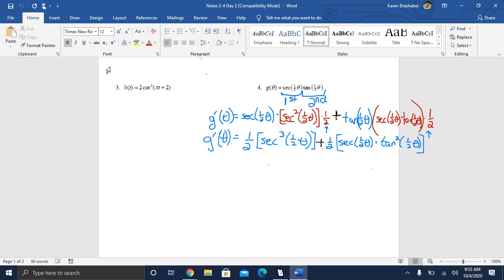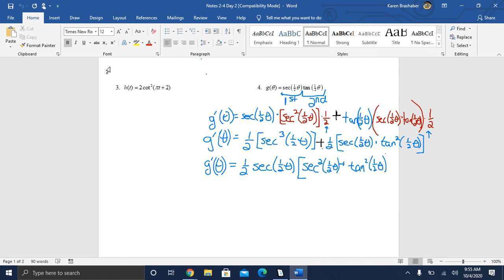Or it's possible that if you would have to work on setting that equal to 0 at some point, you might want to have it in factored form. So in factored form, you could take out a 1/2 secant of 1/2 theta. And if you factor out that, then you would be left with secant squared of 1/2 theta plus tangent squared of 1/2 theta.